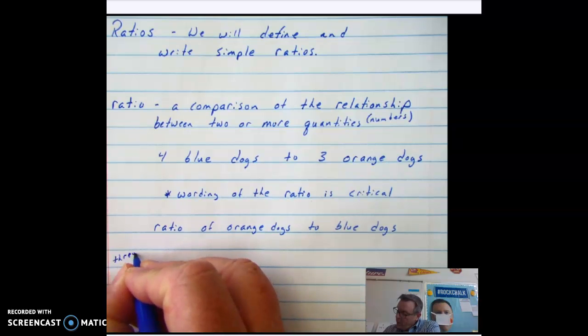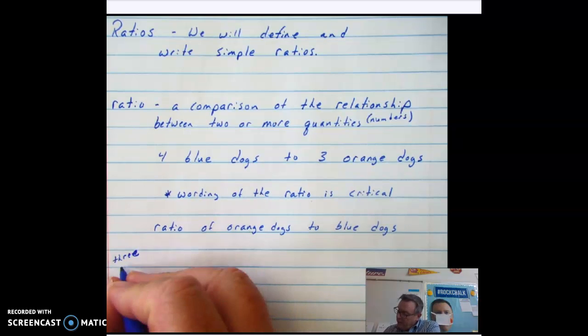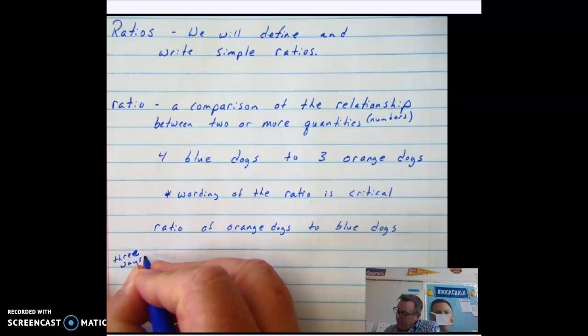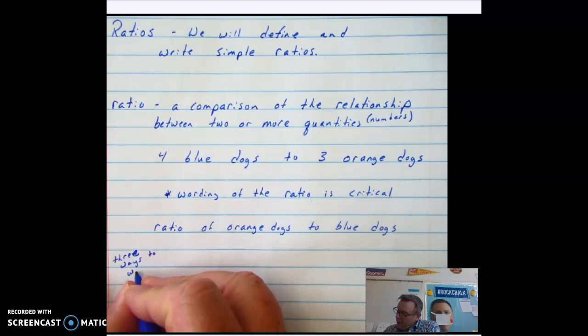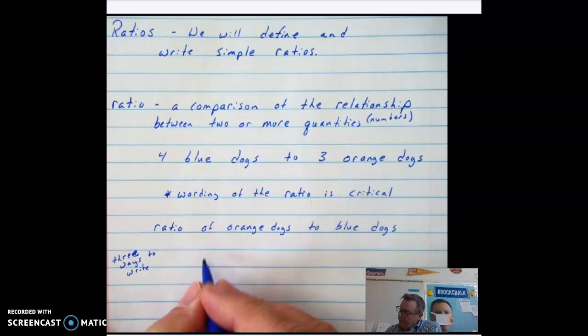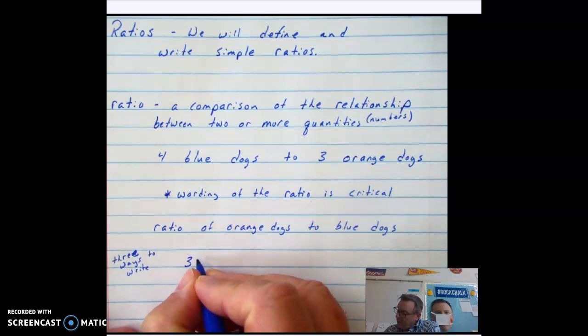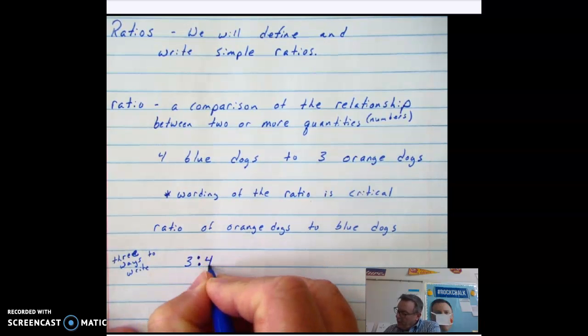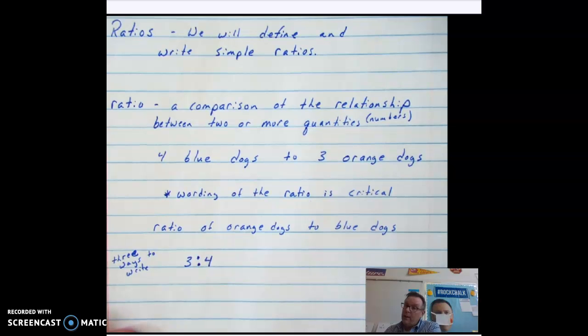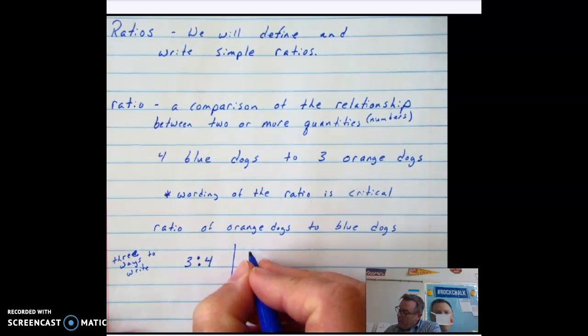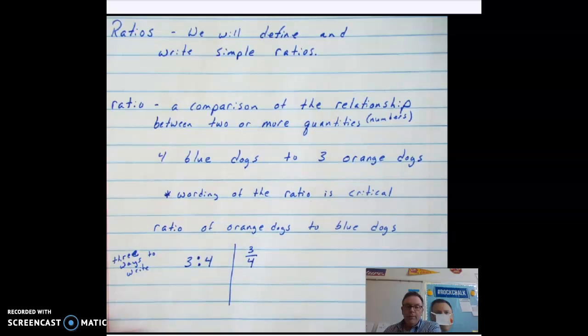There are 3 ways to write a ratio. So this is one way. You can say my orange to blue is 3, and then a colon, 4. That's one way. A lot of people write their ratios with the colon. Some people will write it as 3 over 4.